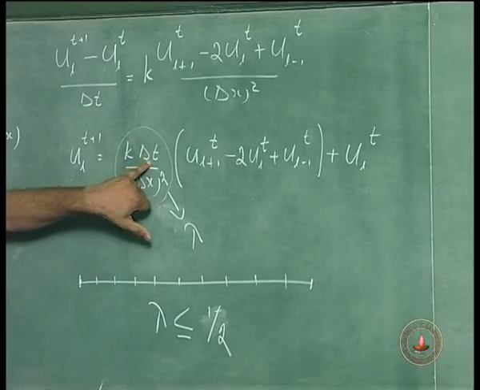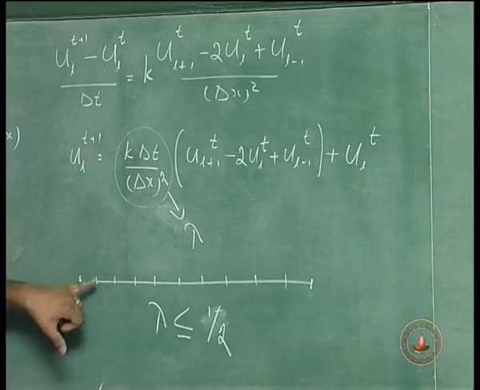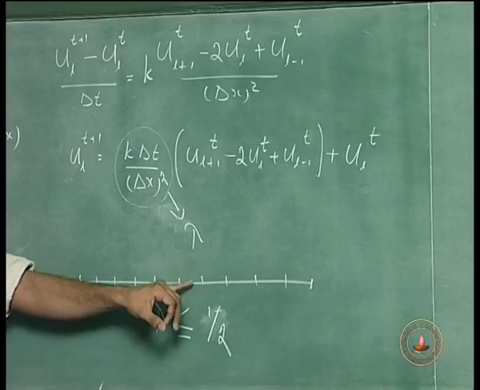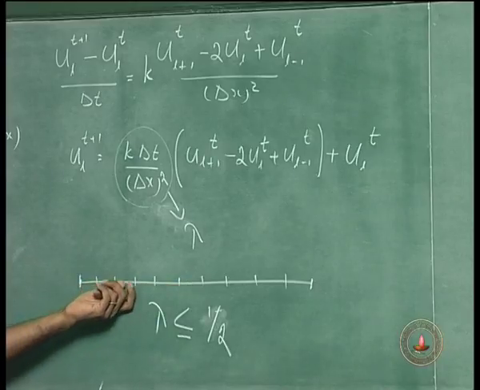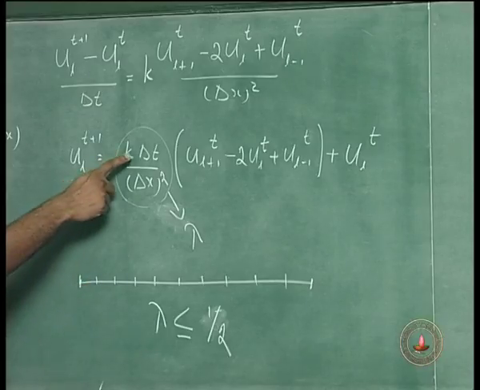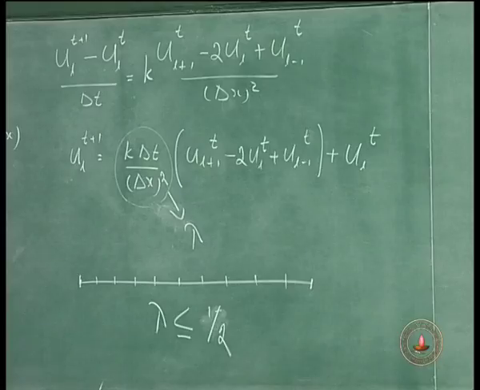So if I want to increase the spatial resolution by halving the space distance, that is the discretization, then I have to go 1/4 in time. Okay. So my computational expenditure will go up by 8 times.